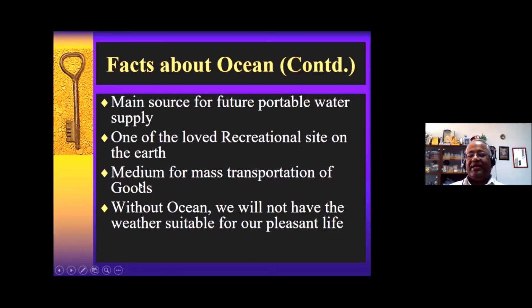Next, ocean is a beautiful medium for transport. How? Ships transport goods from one country to another country. The cheapest way of transportation is a ship.